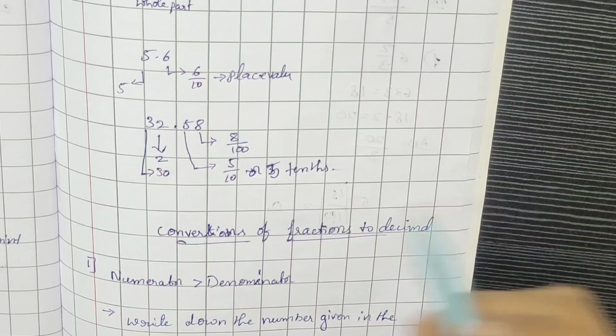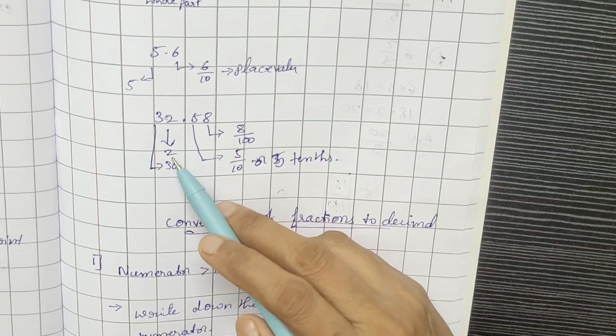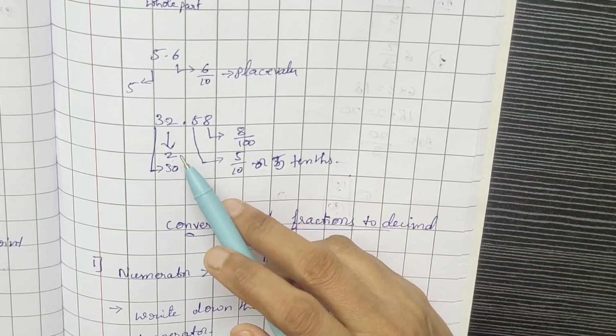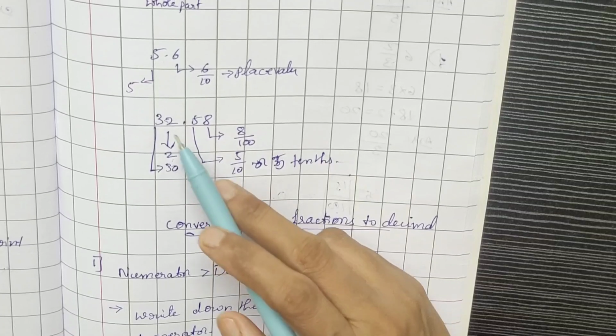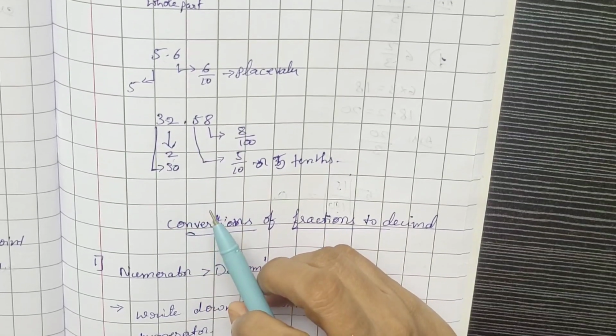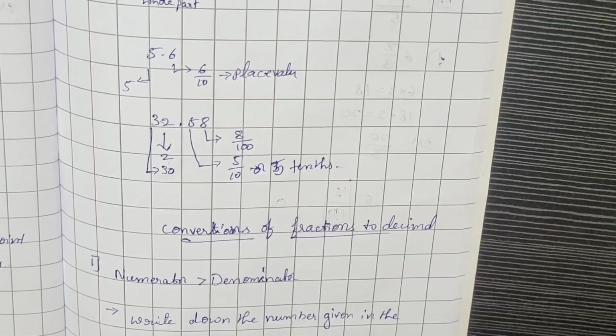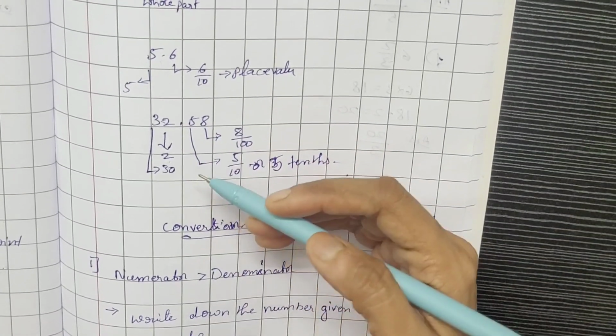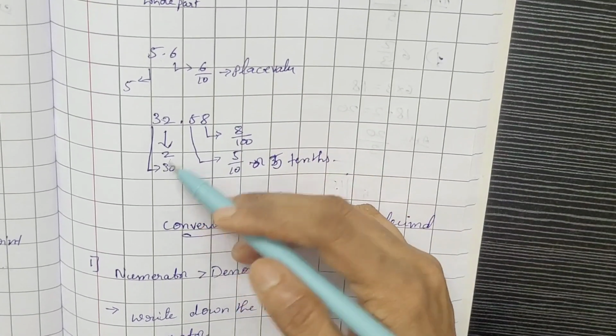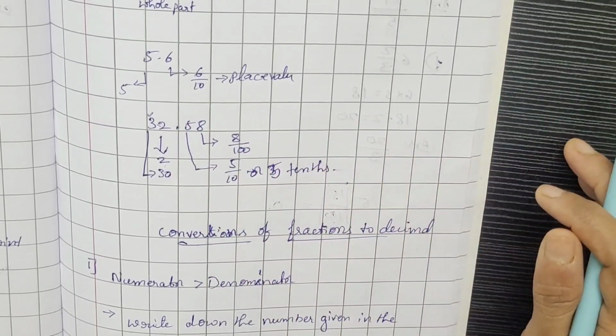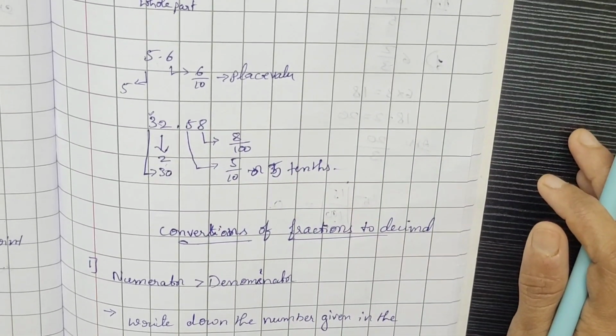In that, 2 is 2. Okay? The ones place 2. 3 is 30. You all know how to write the place value of a whole number. So 2 is 2, 3 is 30, because it is in the tens place, we have to convert this to 30.